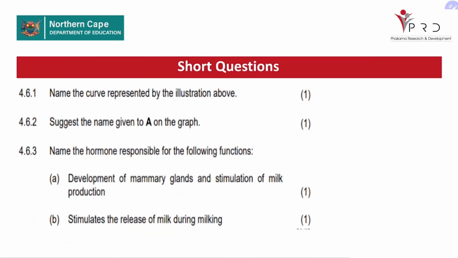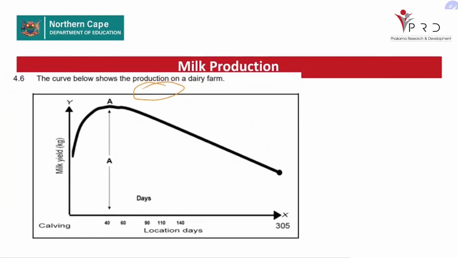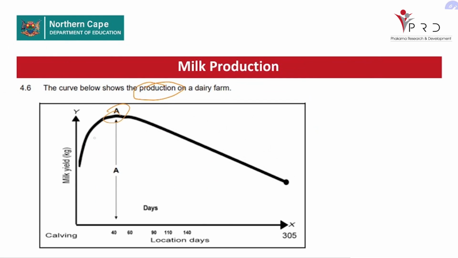Name the curve represented by the illustration above. It's the milk production or lactation curve. Suggest the name given to A on the graph. What happens at A? The milk yield goes up to this point. What do we refer to this as? And when it declines, it goes down.